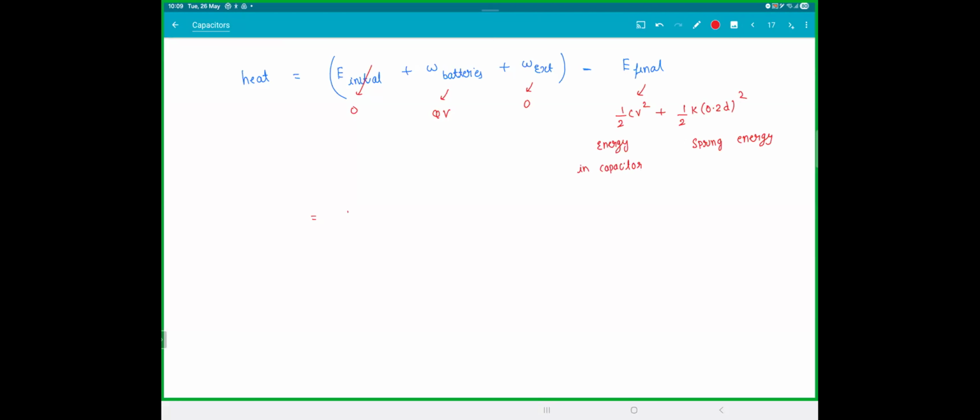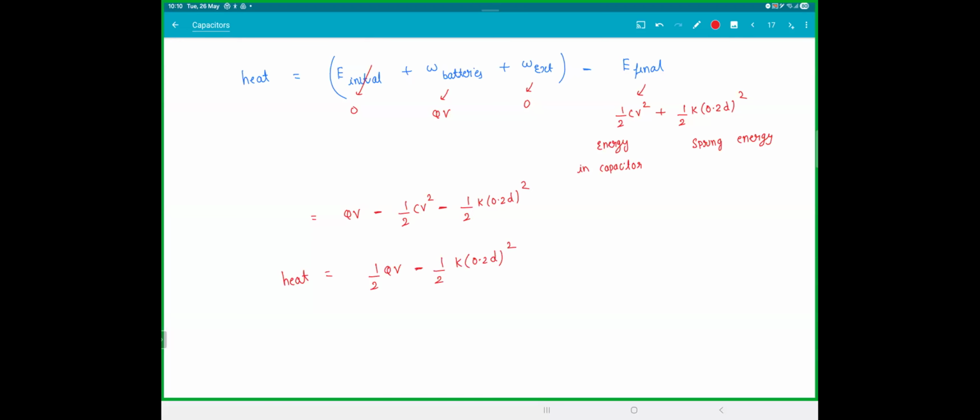So the heat produced will be QV minus half CV square minus half K 0.2 D square. That is officially actually half QV only. So if you see here, heat produced is less than 50% because some of the energy went into the spring. That's what I said. Every time it's not necessary to lose 50%.